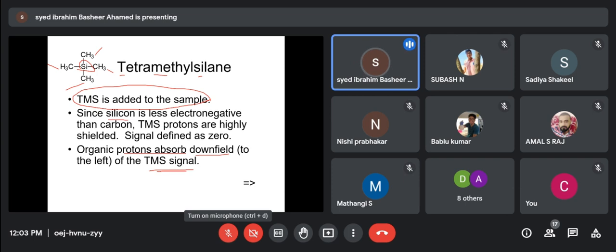So the TMS, otherwise you can say it's a standard, in the NMR scale, the TMS signal will appear at 0. Okay, all other organic protons will appear downfield to this, because TMS is having no electronegativity. As a result, the NMR signal will always appear at 0.